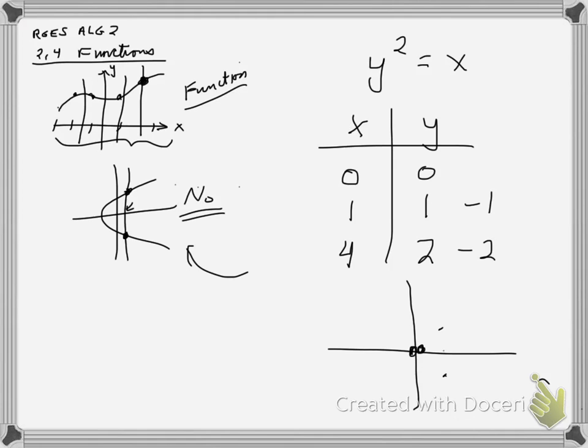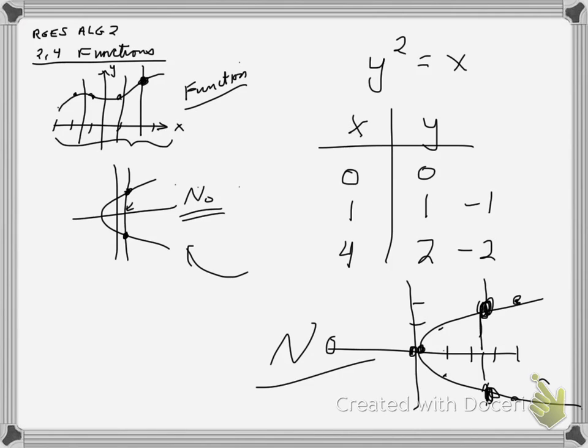If I have 4, I would get a positive 2 and a negative 2. And what we have here is a parabola tipped on its side, going in this direction. Is it a function? Well, for any value of x, if I look at my value for y, to be a function I can only have one possible value, but here I have two, so this is not a function.